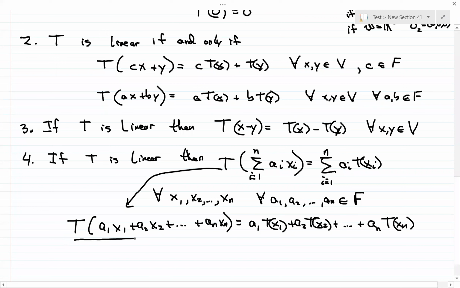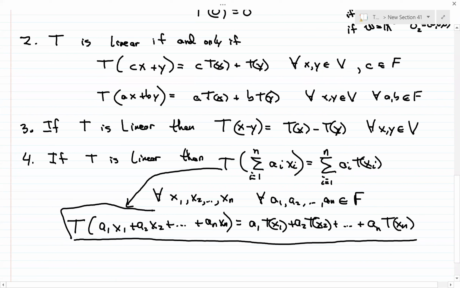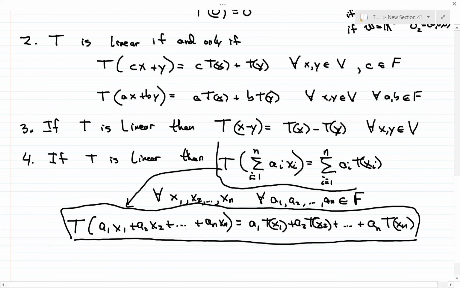So this property here is the same as this property here. This is written using summation notation, and this is written out longhand.